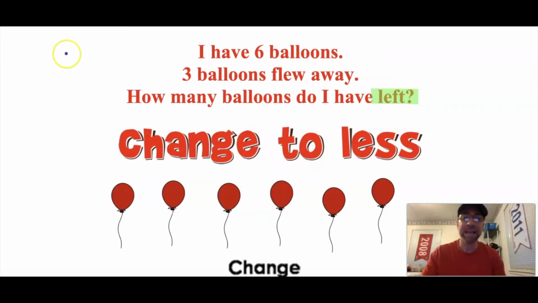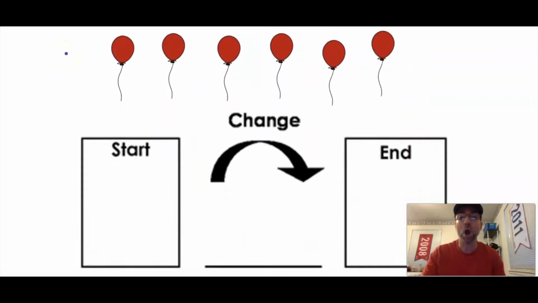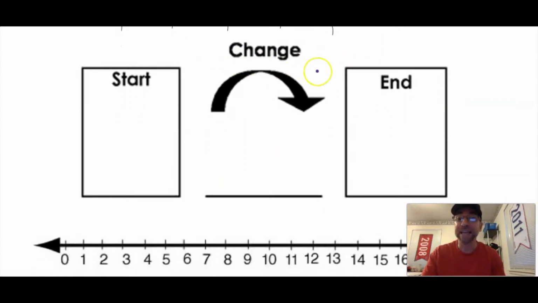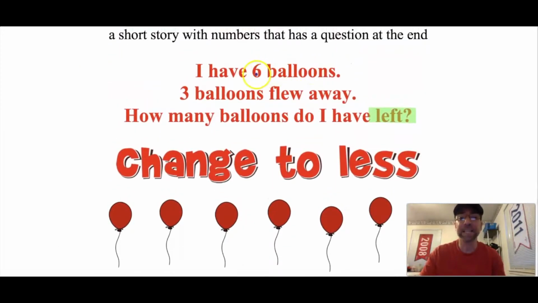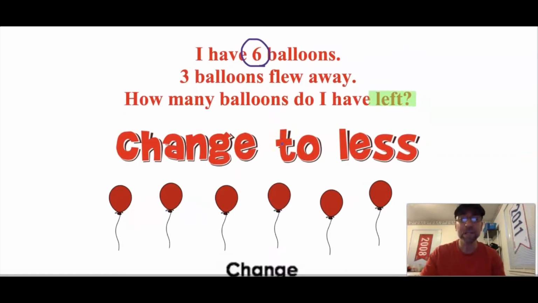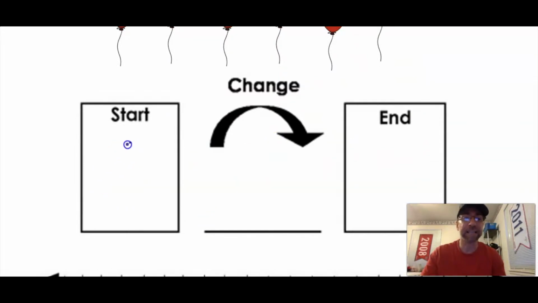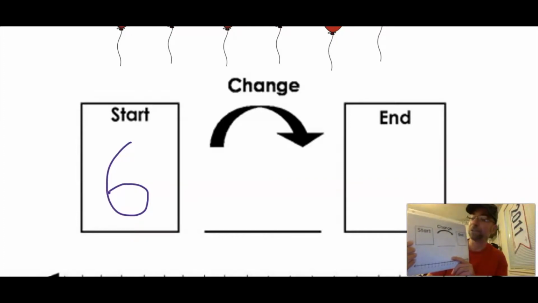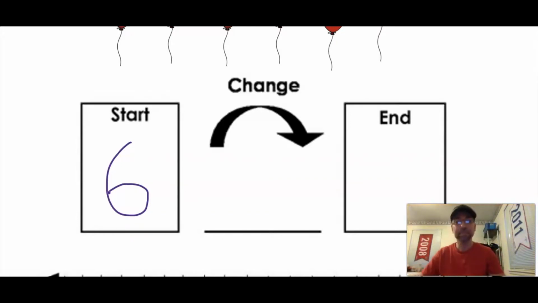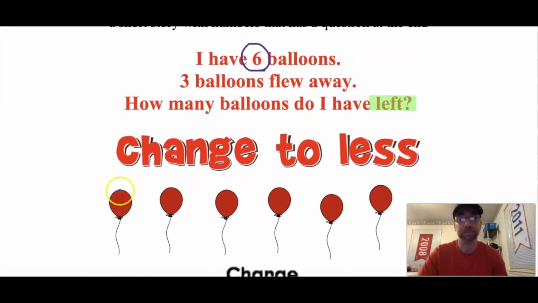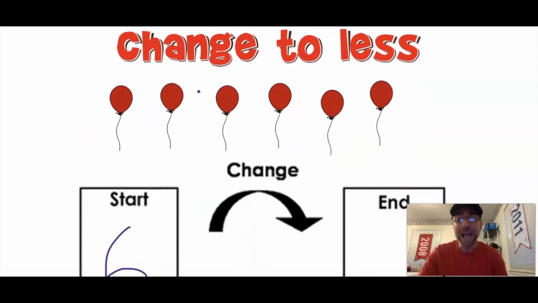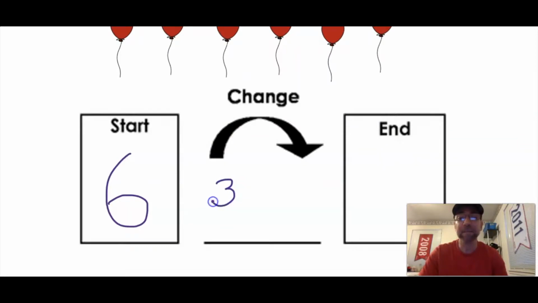So let's start to fill out our start, change, end diagram. Our story started with 6 balloons. So let's write that 6 in our start box. Now we have our change. 3 balloons flew away. So that means I have 3 less.